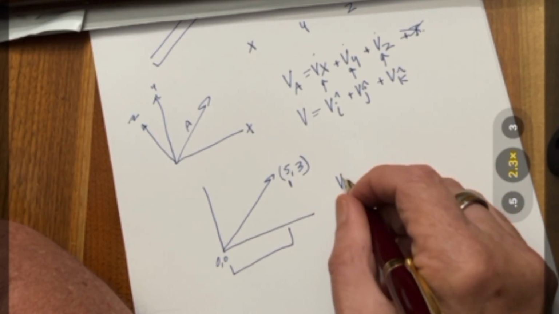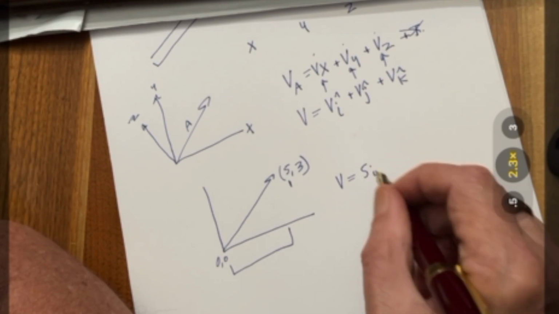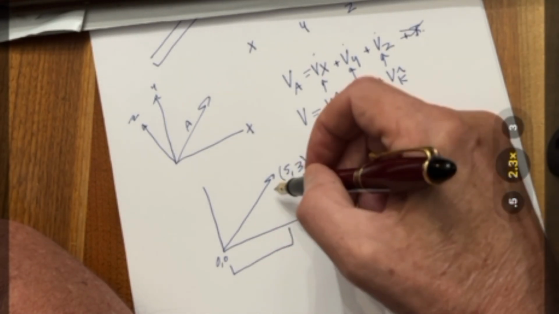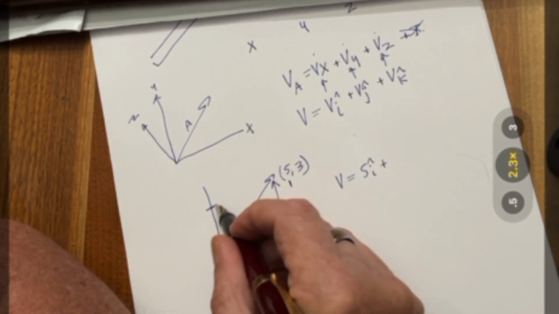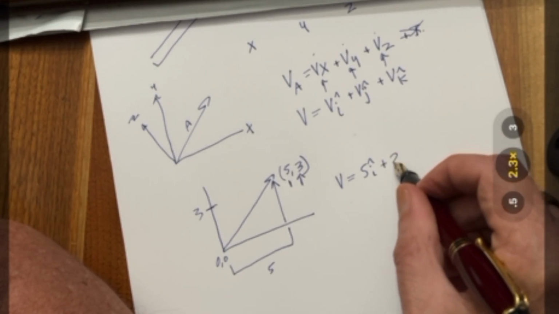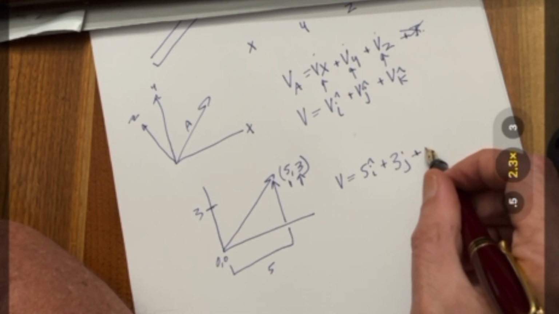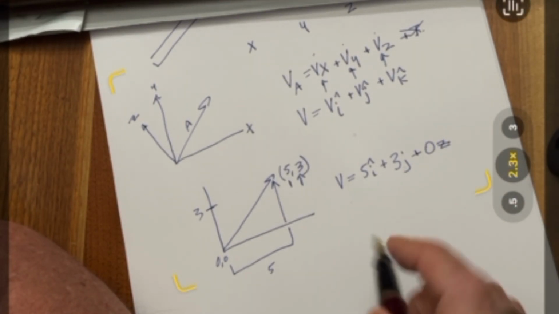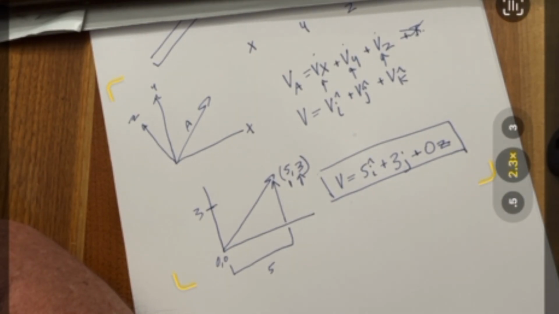So we would describe this vector as being 5i hat plus the y component, which is here, and that's 3, and there's no z component, and that is how we would describe this vector.